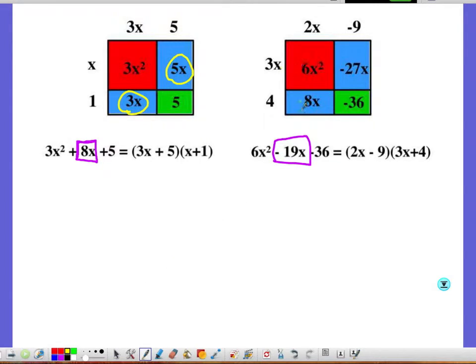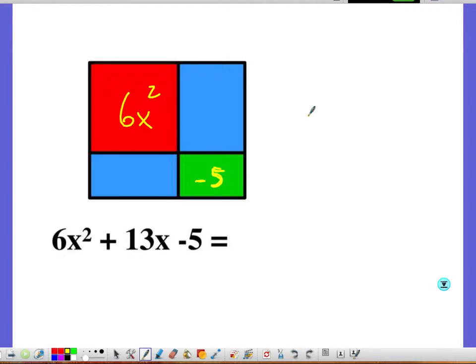Negative 19x, how do I know to break that up into these two expressions? Well, I know that negative 27x and 8x gives me negative 19x, but I could have used many different other combinations. So that is the main question right here. How do I know how to break up the middle term so that I know what goes in each blue area? Okay.